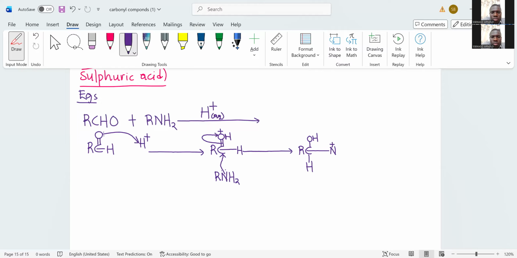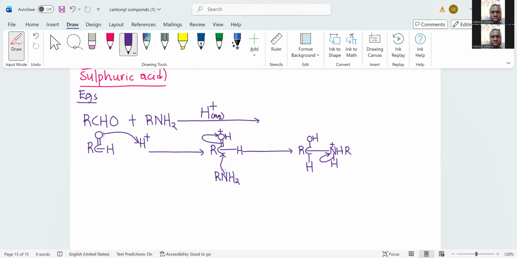That N carries 2 hydrogens and R. So nitrogen is electron deficient. I give it electrons using the hydrogen appending from it, like that. But that is a covalent bond where I'm picking electrons because it is formed when nitrogen contributes electrons and also when hydrogen contributes electrons.